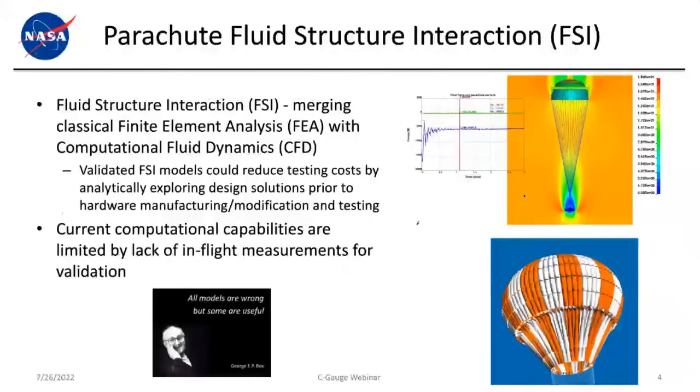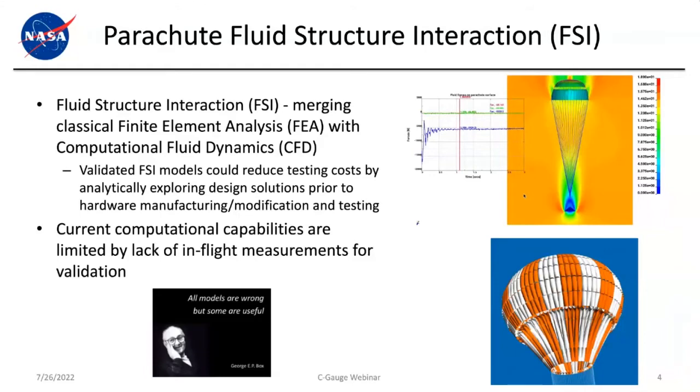Additionally, one of the future tools of parachute analysis is parachute fluid structure interaction, or FSI. So FSI is like the merging of finite element analysis, which is the structural aspect of a stress analysis, if you will, with computational fluid dynamics, which is the fluid side of things.